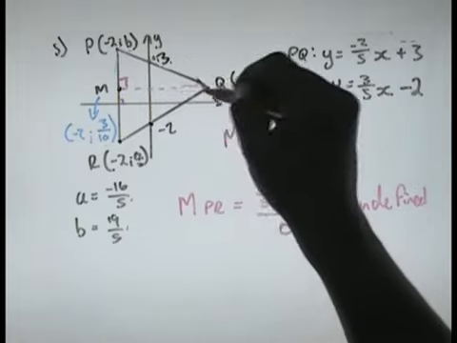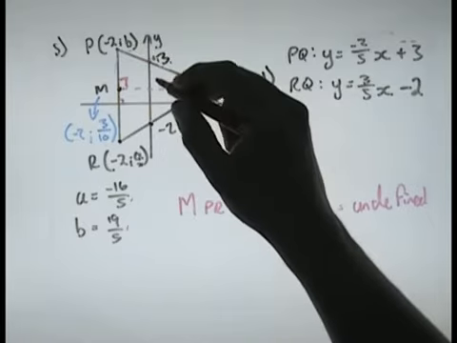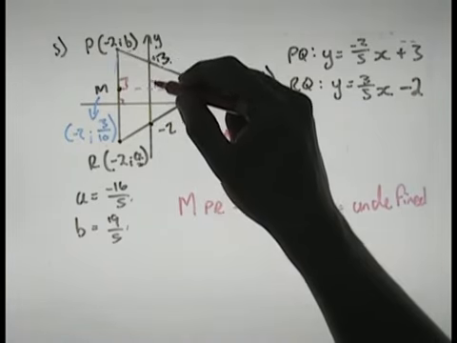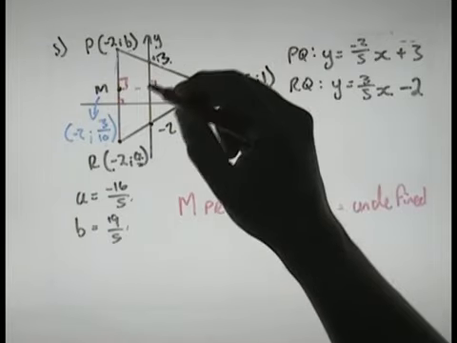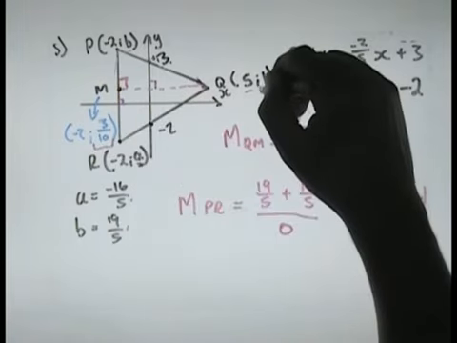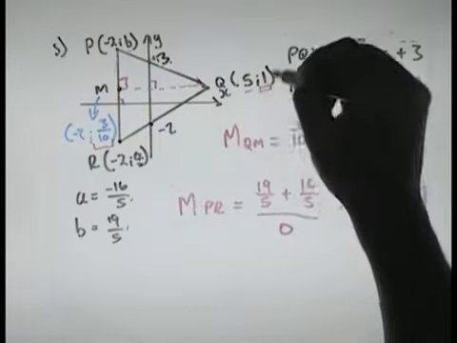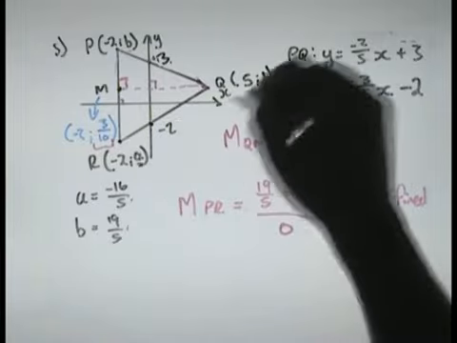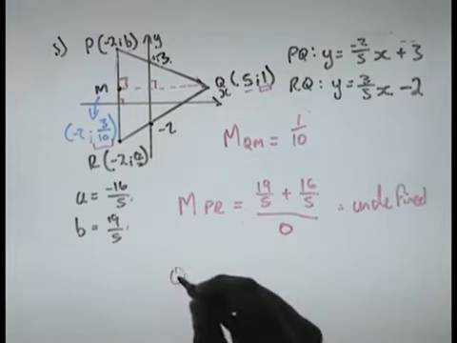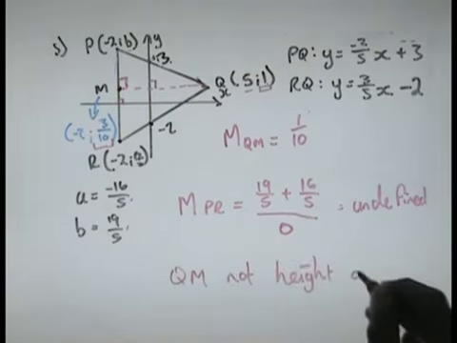So in order for this line QM to be perpendicular to PR, it would mean that QM is perpendicular not only to PR but also perpendicular to the y-axis, which means that the y value of M would have to equal the y value of Q. But the y value of M and the y value of Q are not equal to each other, which means that QM is not a height of the triangle.